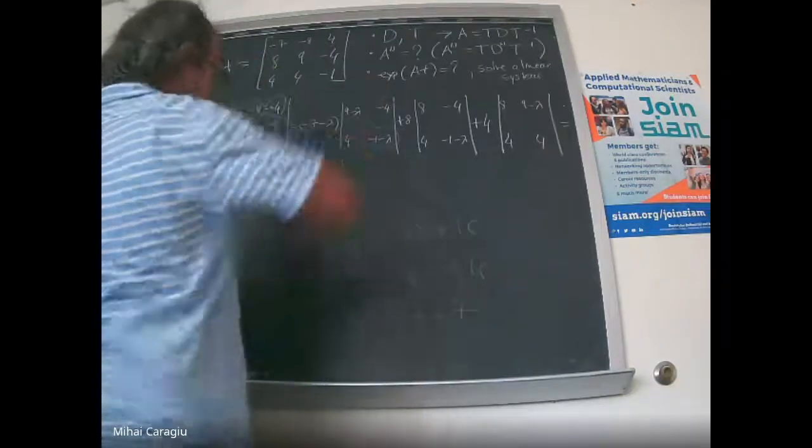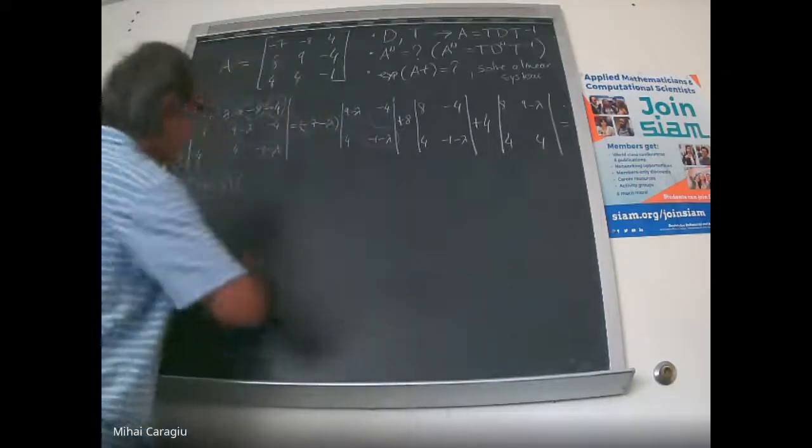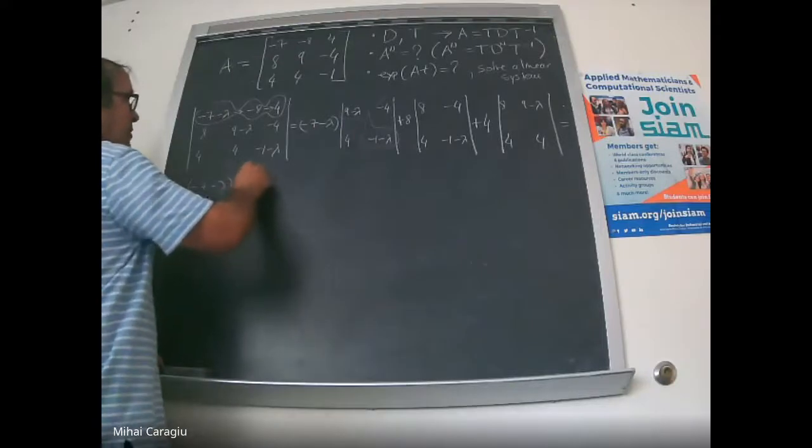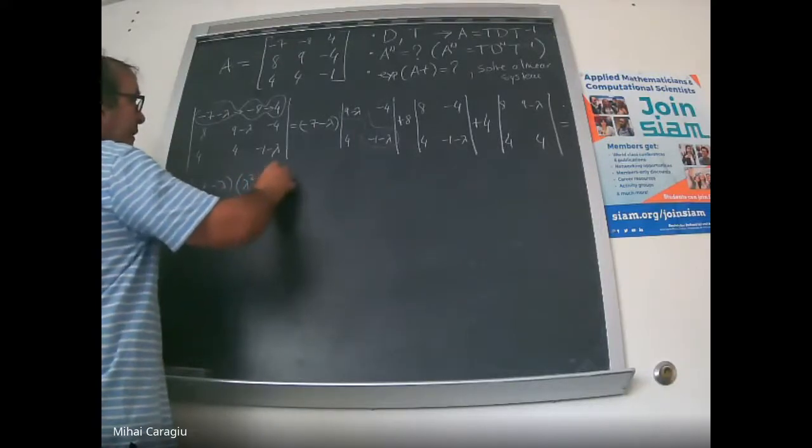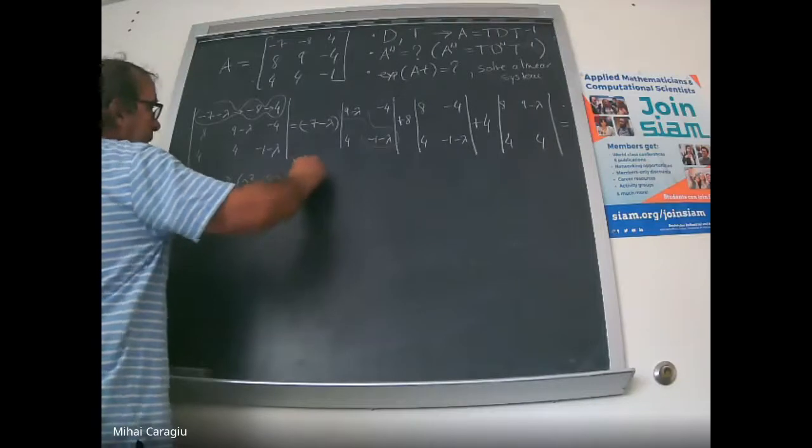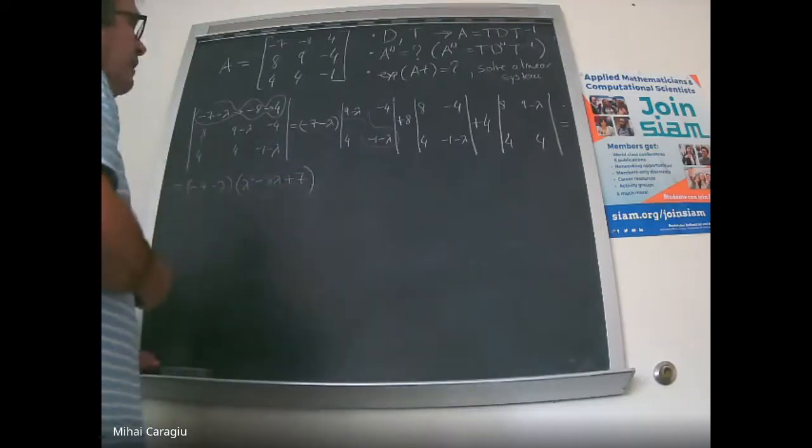Okay, this will be the determinant, lambda squared minus 8 lambda plus 7.